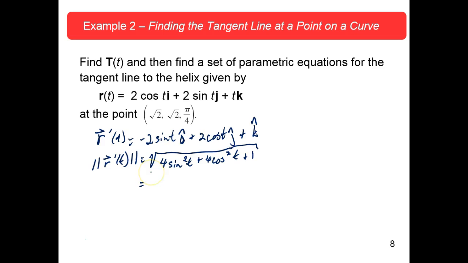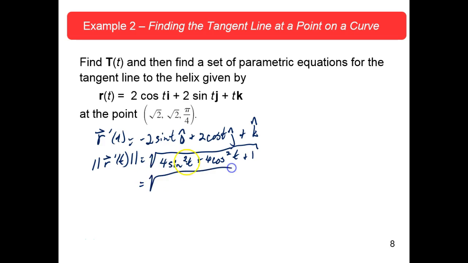Now, is there any way you can simplify that? Any ideas? Let's group those two terms together and see what we get.